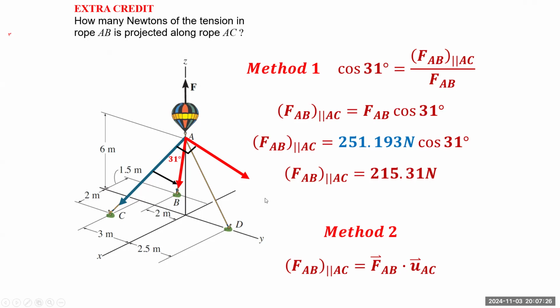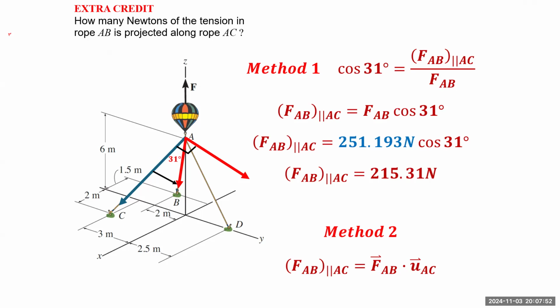Please pay attention to this. I will send you the information. I want you to sit and read it, and practice it. You may see similar problems. Method 2: FAB parallel to AC is the same thing as FAB times the unit vector of AC. If you use this formula, it's the same difference.